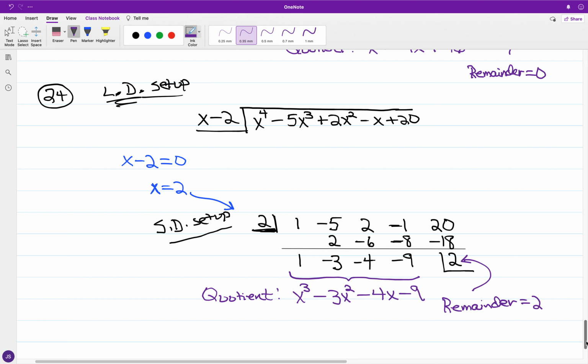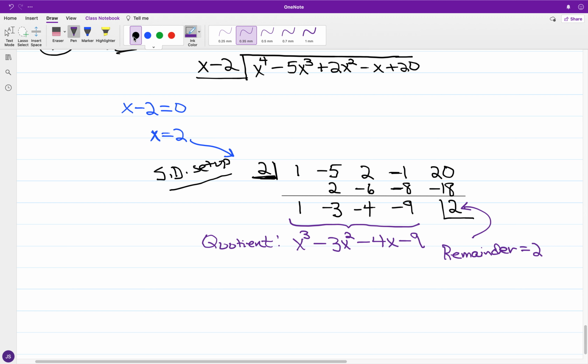Now, in the case of number 30, we have a divisor of x minus 3.